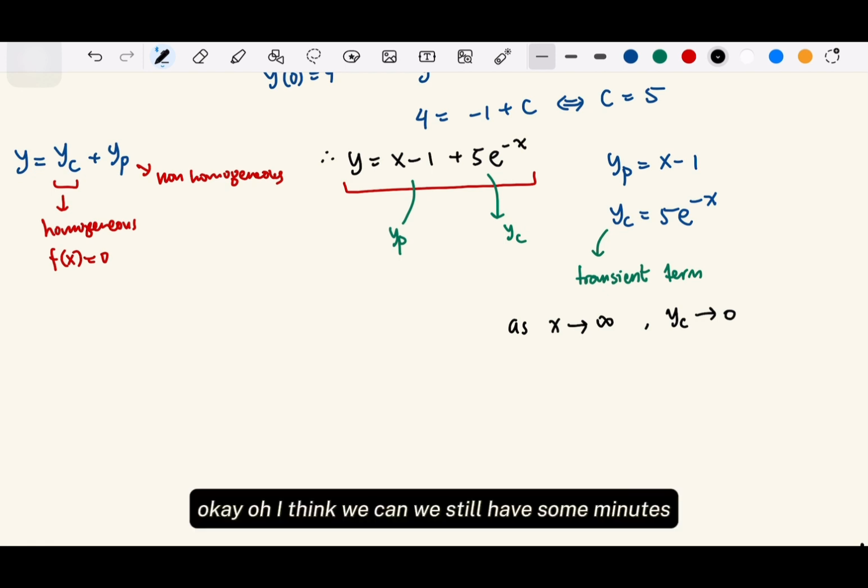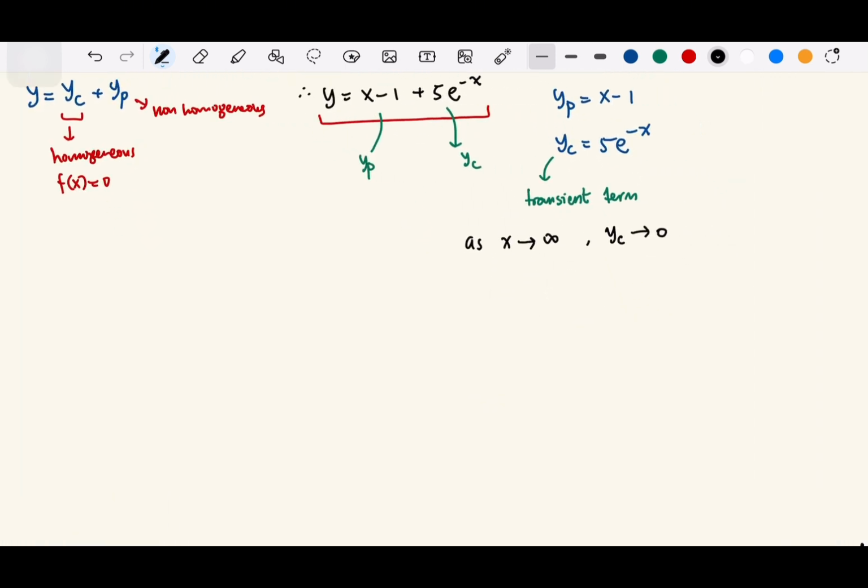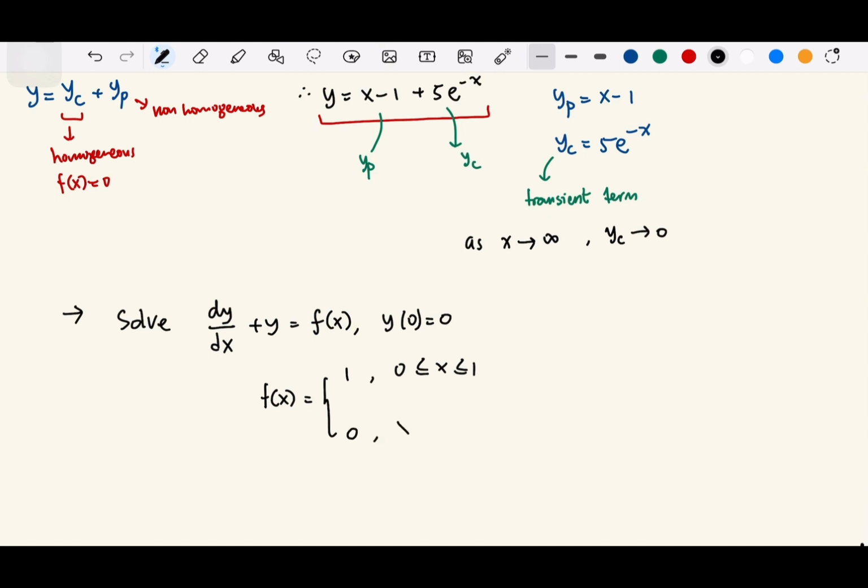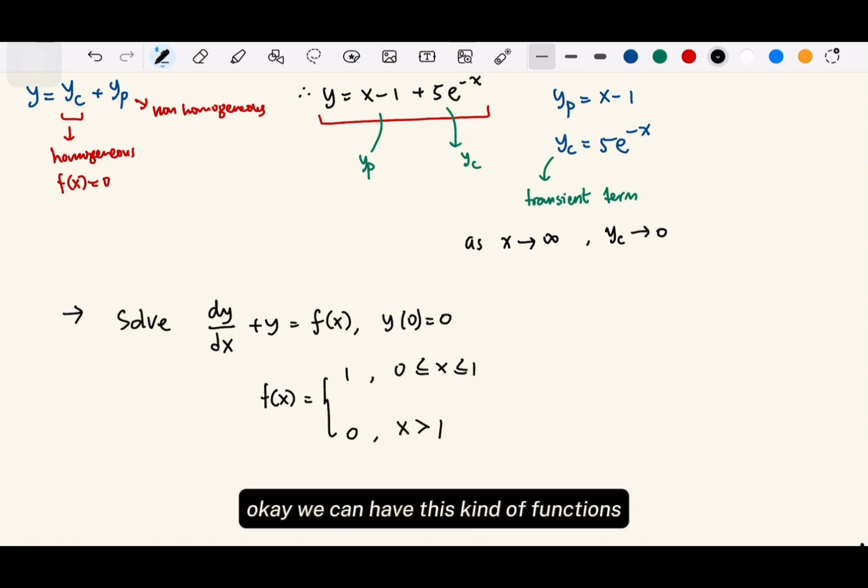Okay. I think we still have some minutes. We'll just add one more. Solve. Okay, we can have this kind of function. We can have this piecewise function.